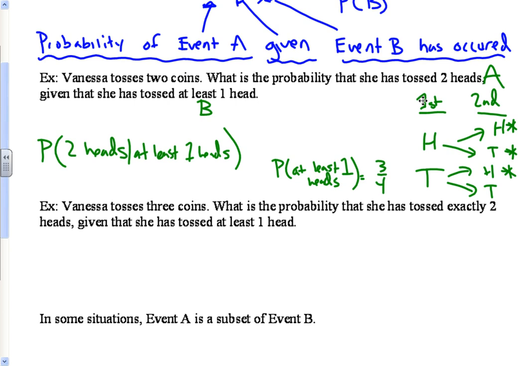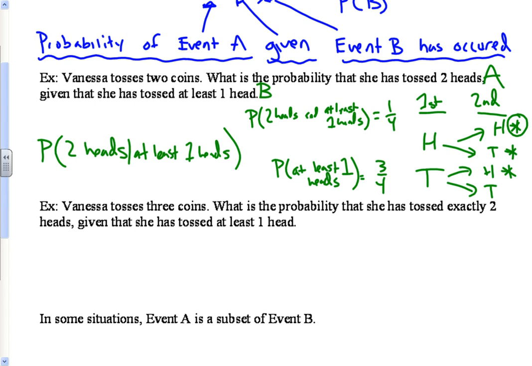Alright. Now the probability of 2 heads and at least 1 heads is the probability that she has 2 and has at least 1. And the only situation that would fit both of those would be this one right here, because that one has 2 heads and it has at least 1. So that would be 1/4.